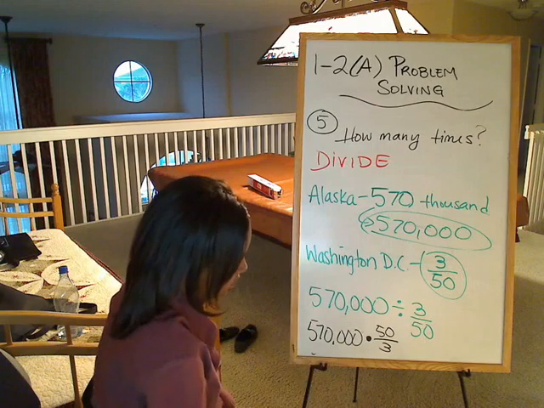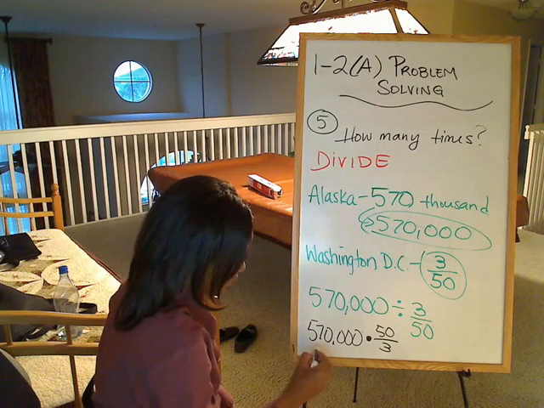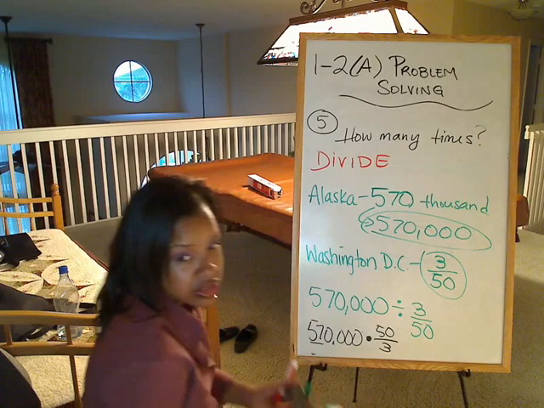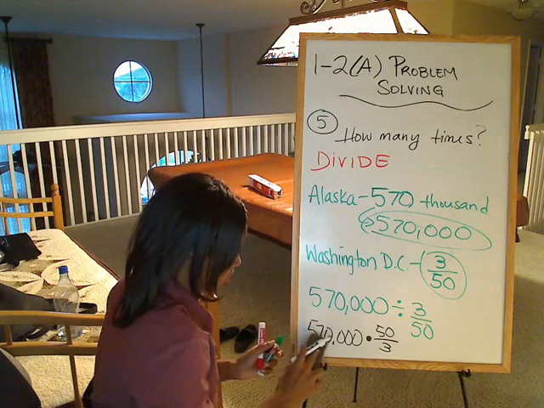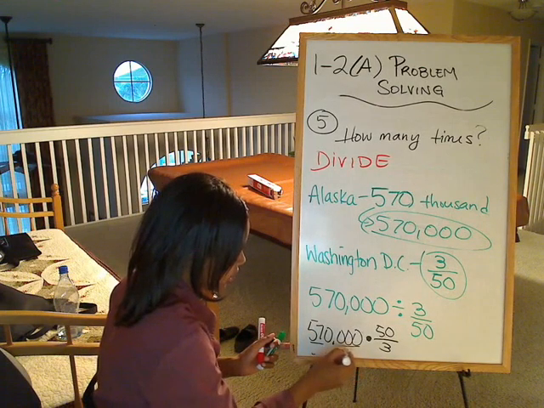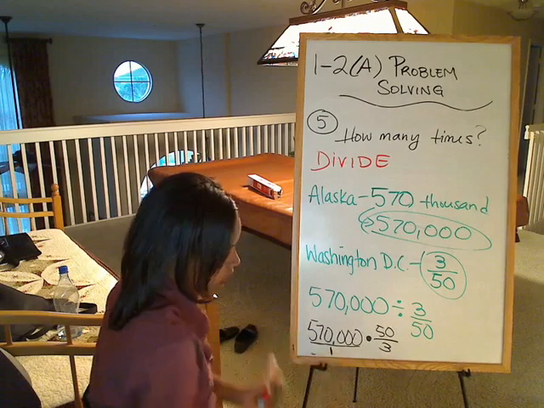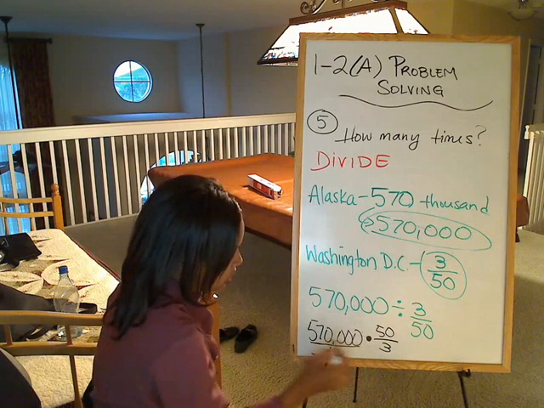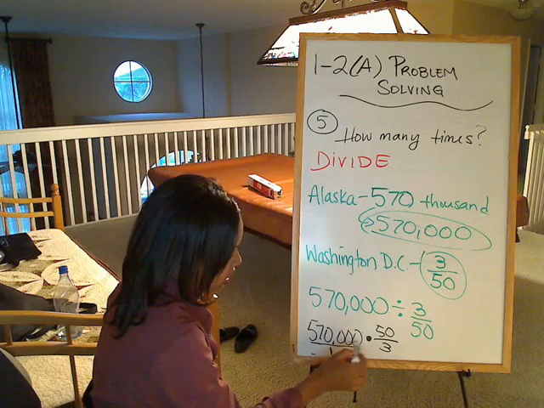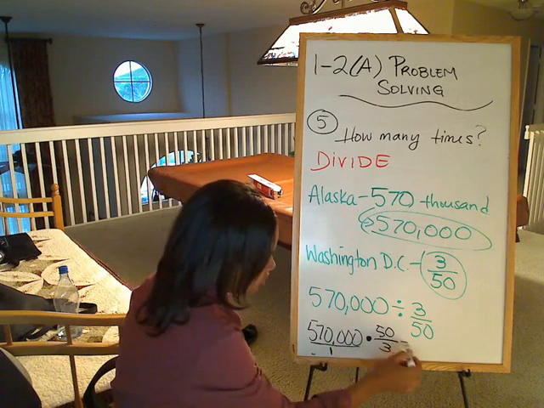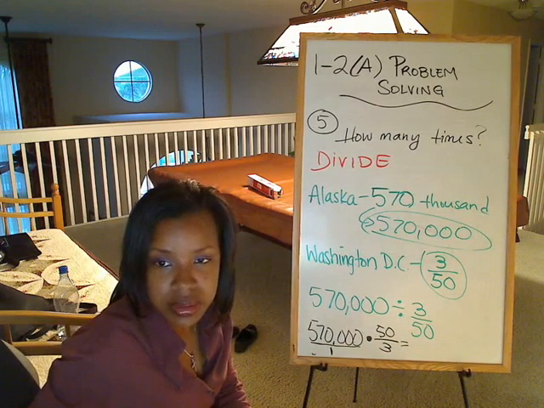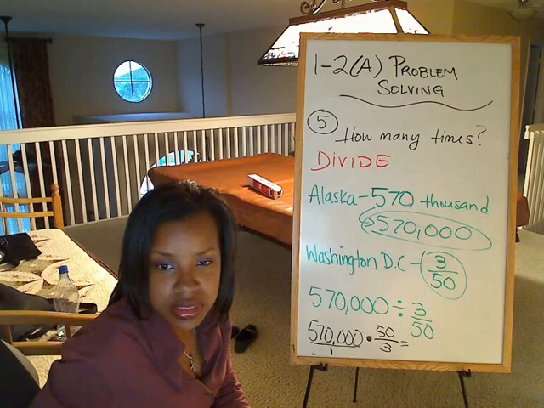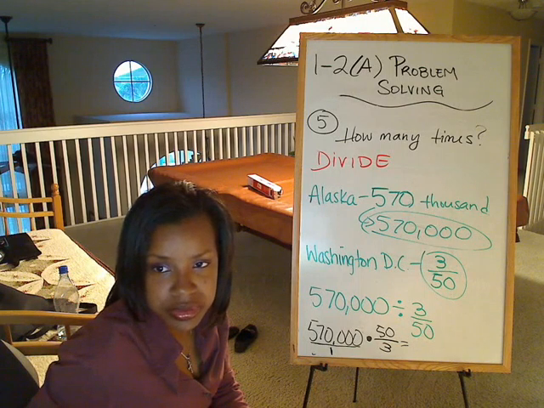Now, how are we going to multiply that? Well, first of all, let's make this 570,000 over 1. I'll just do it like this so that you don't have to erase anything. And then we just multiply. In your calculator, you can do 570,000 times 50. And let's see what we get. Make sure you have 4 zeros.